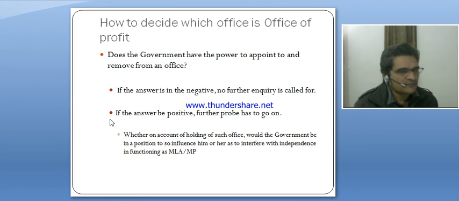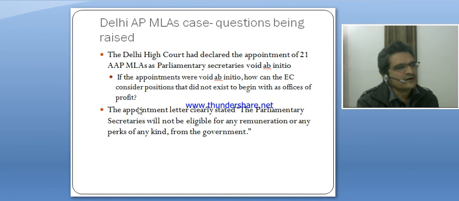So if it compromises the independence, if a person who holds that office which has been given to him by the government and government is in a position to influence him, to compromise his position to independently function as an MP and MLA without being influenced by any factors, then certainly that office can come as the office of profit.